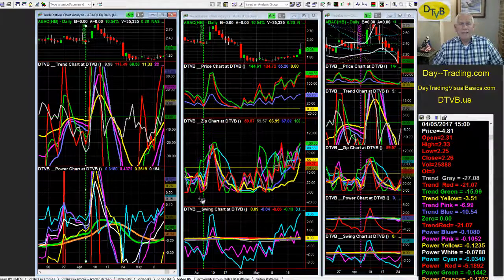Zip red, gray, and swing pink are the 3 fastest indicators, and they're all 3 leading indicators. And oftentimes there are several other lines that can be leading indicators, especially in your power chart, your swing chart, and your zip chart.